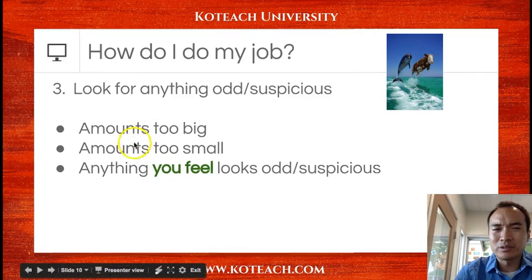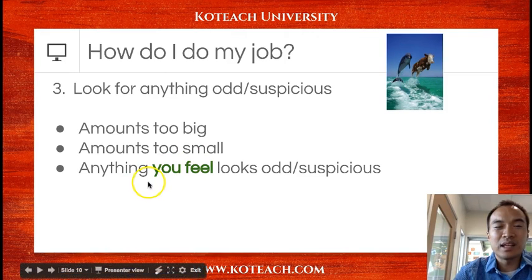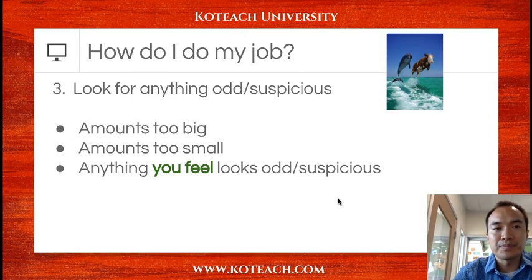If you think amounts are too small, you're like, you know what, they paid rent, but it was only like $5, and you feel like that's too small. When in doubt, I would just rely on your intuition, and anything you feel looks odd or suspicious, go ahead and email me or let me know in person.